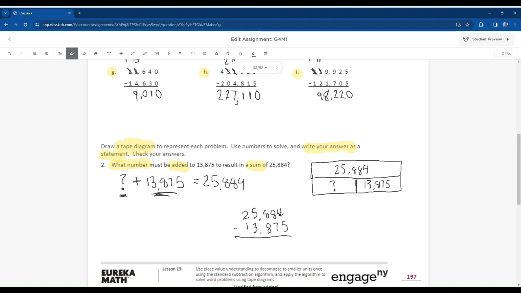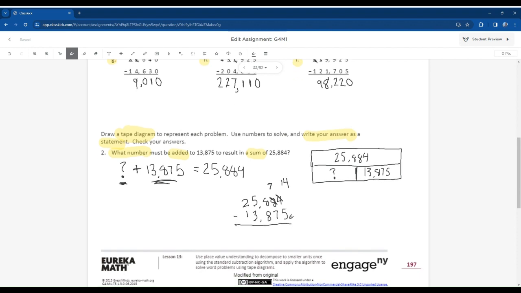So here's where I'm going to need to regroup. I'm going to need to regroup 8 tens for 7 tens and 10 ones, but I already have 4 ones to make 14 ones. So 14 minus 5 is 9.